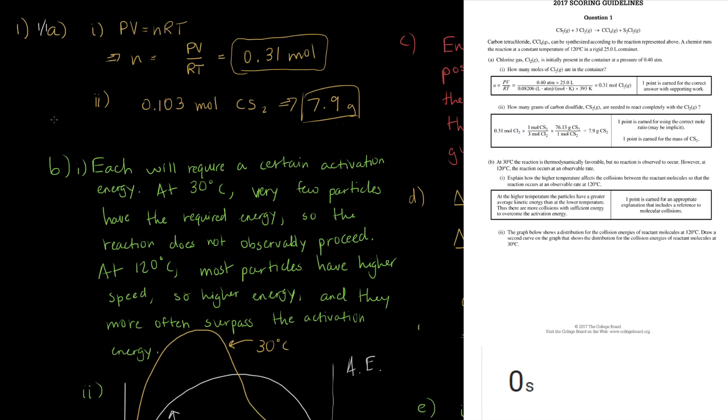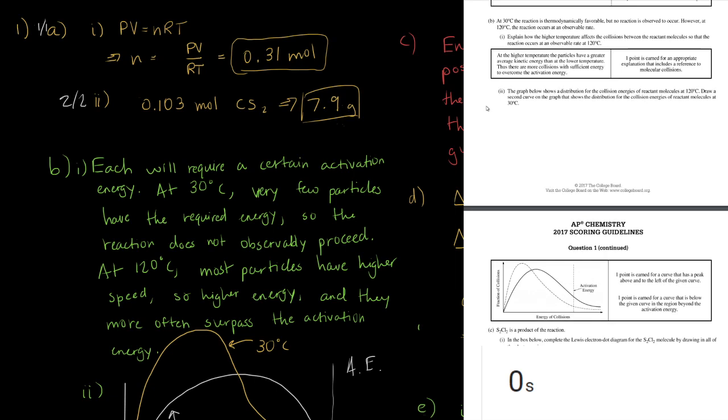Maybe implicit. Yes, in our case, I think it is implicit, and 1 point is earned for the mass of CS2, 7.9. I think we get both of those points because it is implicit that we're working with a 3-to-1 mole ratio. Otherwise, we wouldn't have been able to do that, because you see how we just started with the 1.03. That makes it implied.